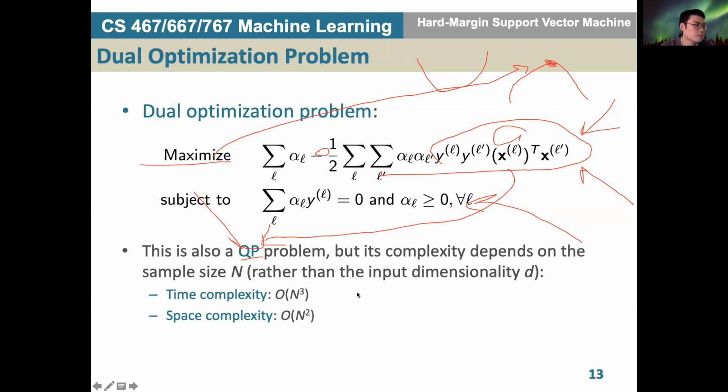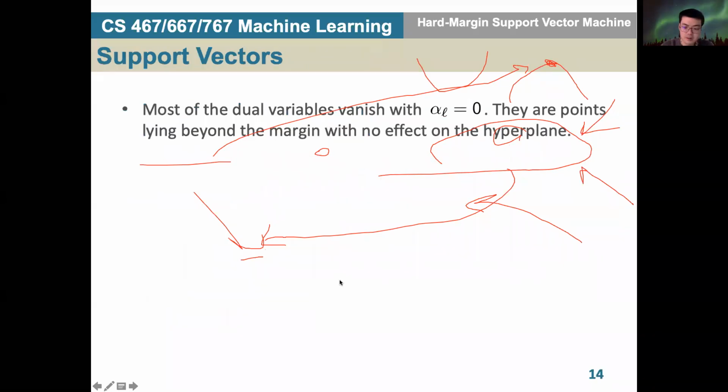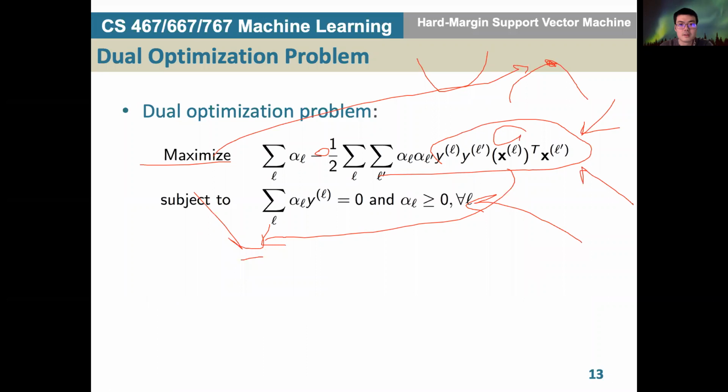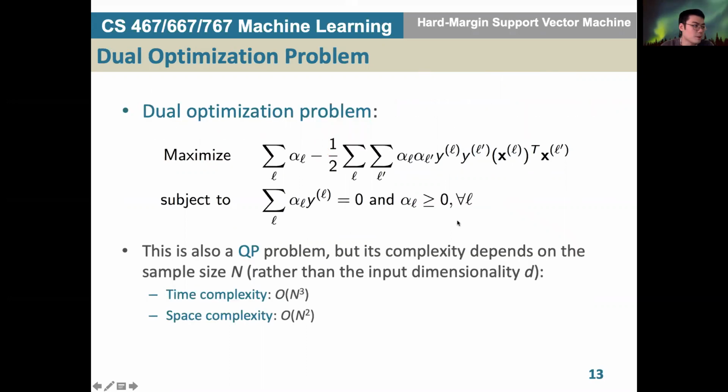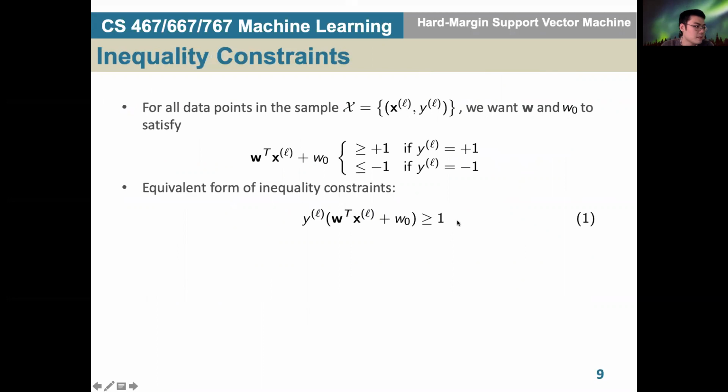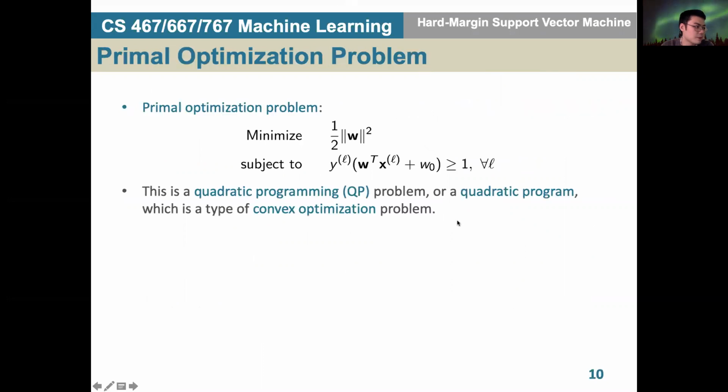And a few more notes. You may ask why we want the W squared. That's exactly for derivation purposes.